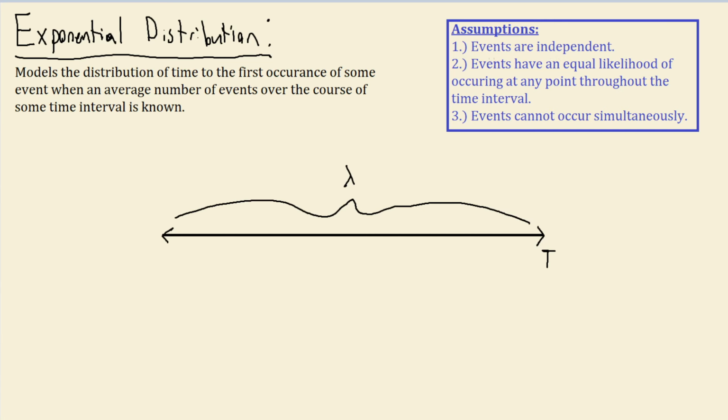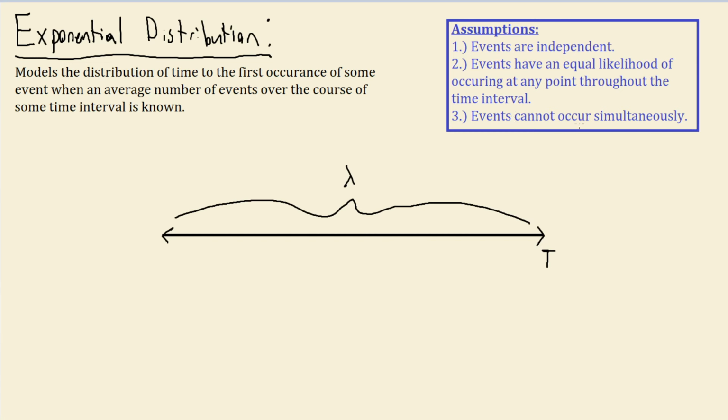That's our second assumption. Technically, we need both of these because if we have an equal likelihood at any point throughout the time interval, but they're not independent, then if one event occurs it might influence the probability of other events occurring, and we're no longer able to model this as a binomial distribution. So we have to meet both these criteria, and we also have to meet this third criterion here, which says that events cannot occur simultaneously.